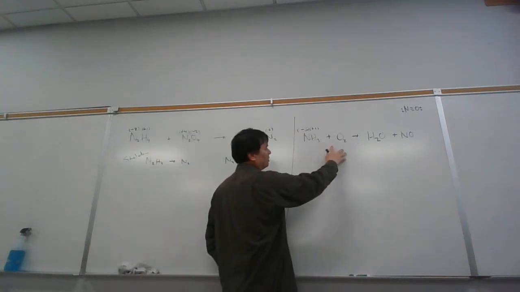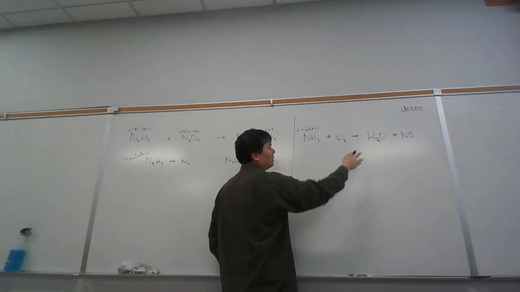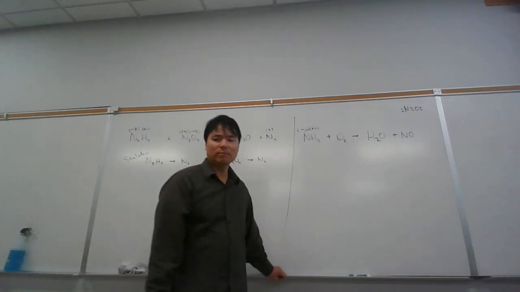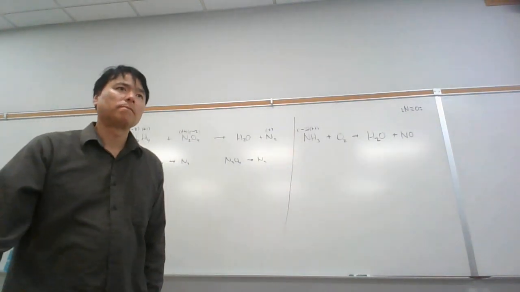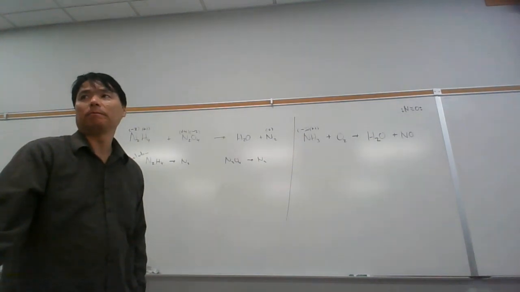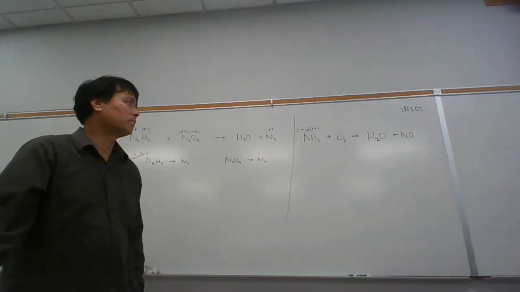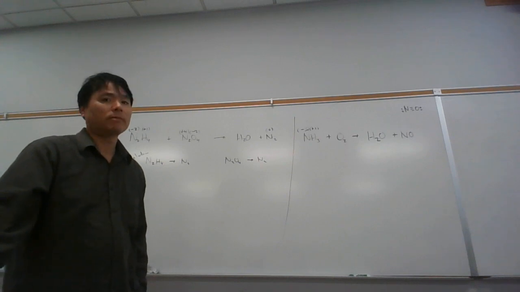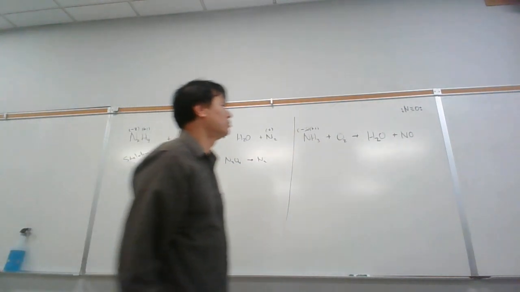And same thing here. We mix it together, and so you burn ammonia, you form nitric oxide. Is nitric oxide complete combustion of the ammonia? No. What would complete combustion of ammonia be? N2O3. Not N2O3.